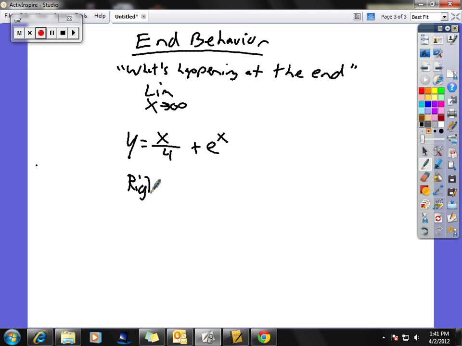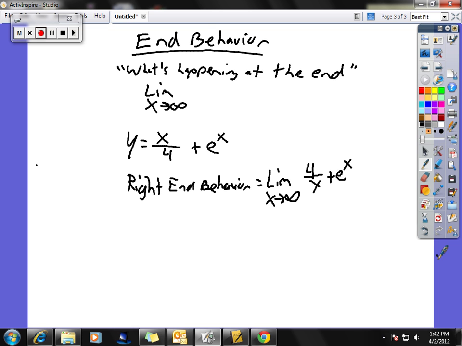The right end behavior is just the limit as x approaches positive infinity. That's the right end behavior because positive infinity, you're going to the right. So the limit as x approaches positive infinity of 4 over x plus e to the x.